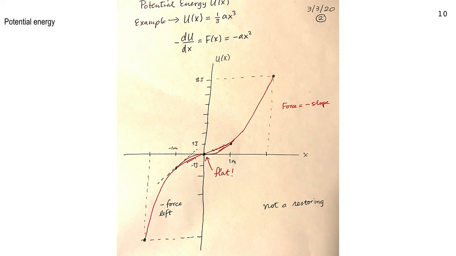But let's put in a 4th degree. All right. So this is a 4th degree polynomial. All right. And you can do all the calculus of this. F of x is going to be equal to minus kx. Wait a minute. Minus ax to the second.